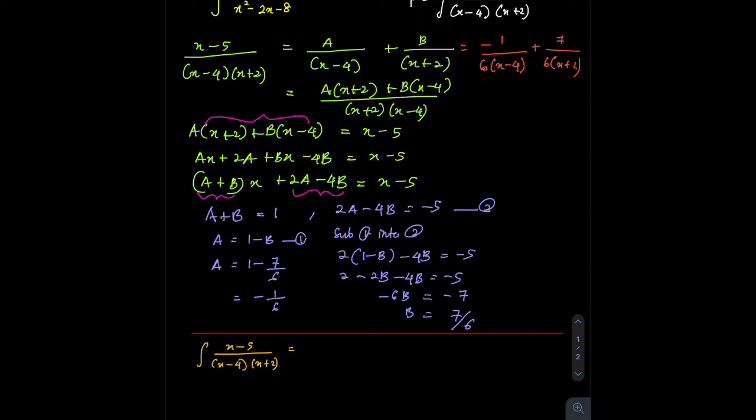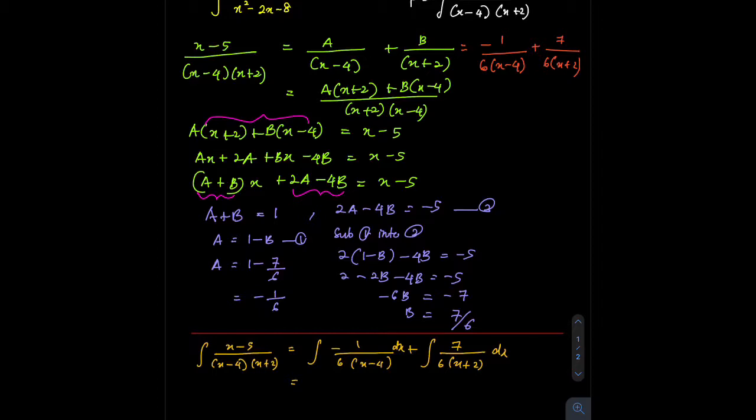After you decompose, you will get negative 1 over 6(x minus 4) dx plus 7 over 6(x plus 2) dx.